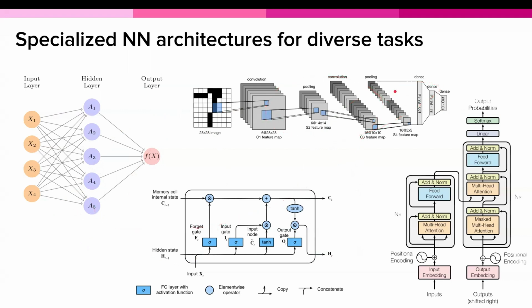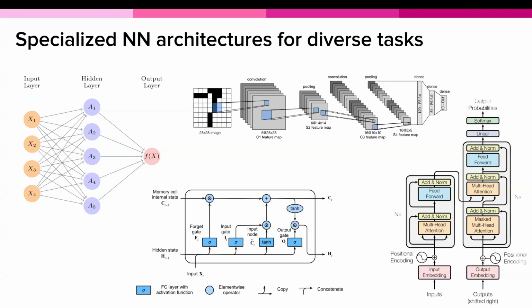Convolutional neural networks were initially inspired by image data, recurrent neural networks by sequential data, and then the transformer to deal with sequences without needing to process them one item at a time. Very different, but they do share something in common, and that is that they're difficult to optimize.